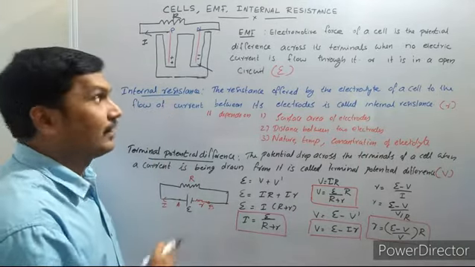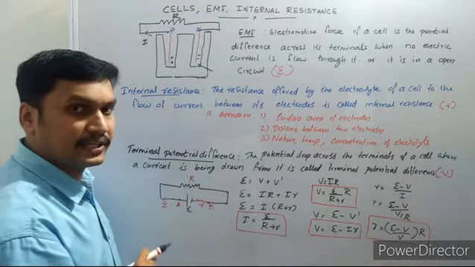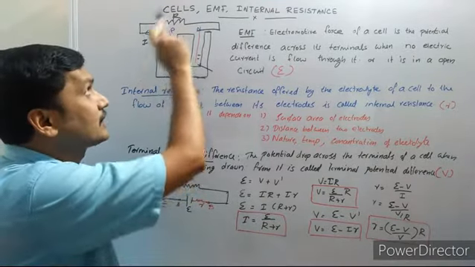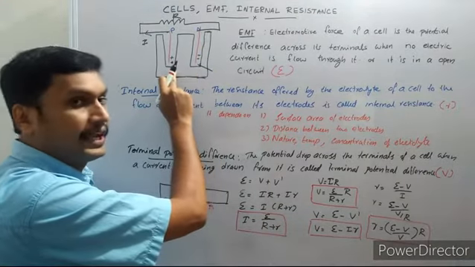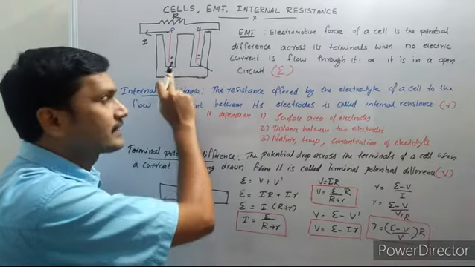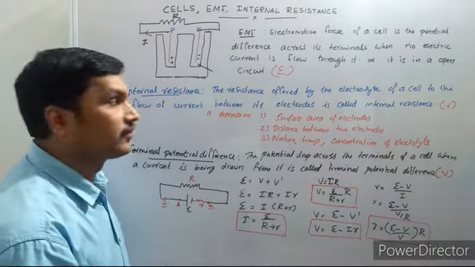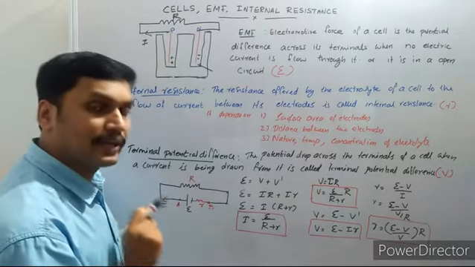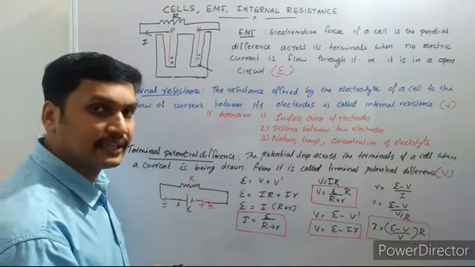That is, when some external resistance or external circuit is connected to a cell, the current starts flowing through the cell, and when the current is flowing through this electrolyte, it offers some very small resistance, and that resistance offered by the electrolyte of the cell is known as the internal resistance of the cell.